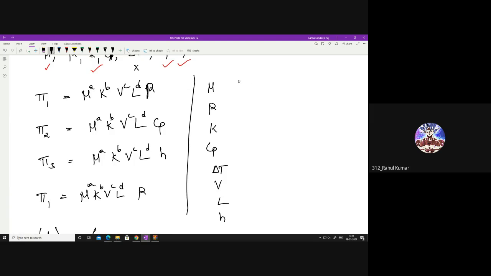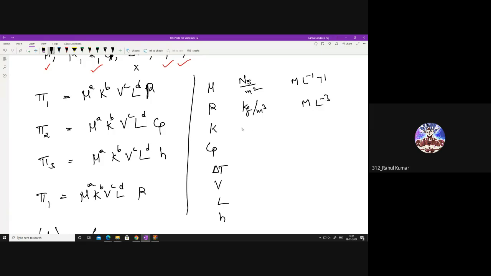For mu, the unit is Pascal second, that is Newton second per meter square. If you take it in terms of normal terms, it will turn out to be M L power minus 1 T power minus 1. For rho, it is kg per meter cube, it is M into L power minus 3.